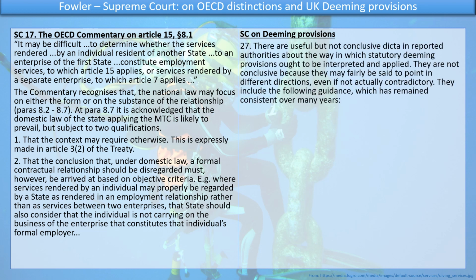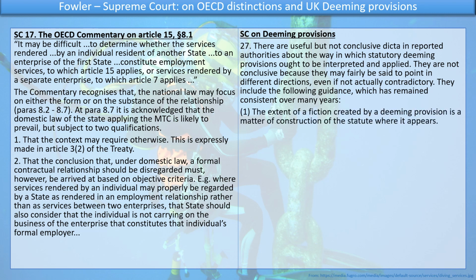The Supreme Court says there are useful but not conclusive dicta in reported authorities about the way in which statutory deeming provisions ought to be interpreted and applied. I love the language they use here. They are not conclusive, but they may fairly be said to point in different directions, even if not actually contradictory. They include the following guidance, which has remained consistent over many years.